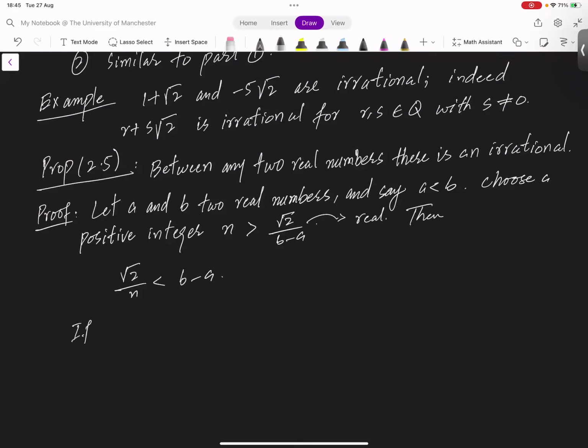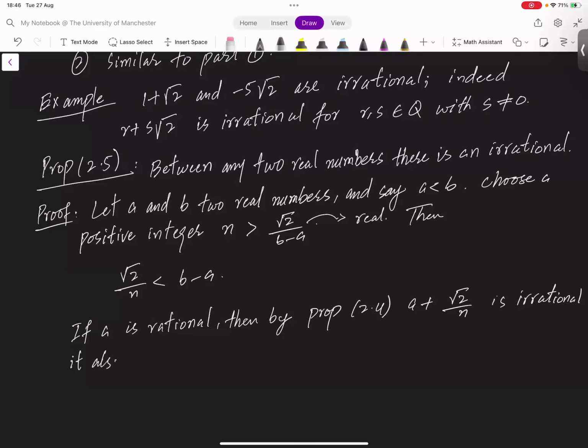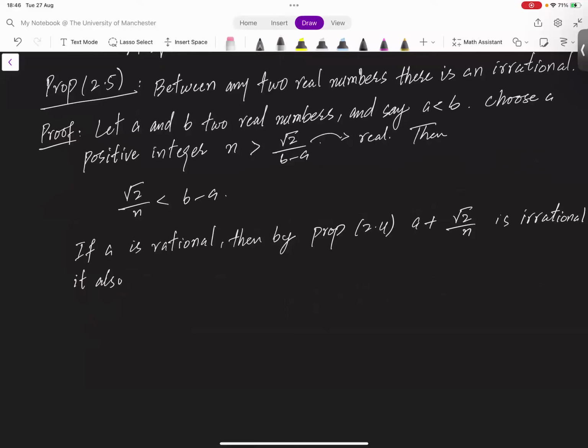So if a is rational, then by proposition 2.4, a plus under root 2 over n is irrational. So it also lies between a and b.